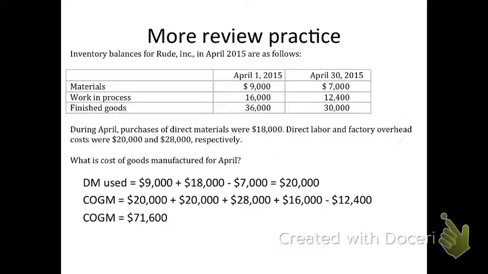Again, this is a problem that we did towards the beginning of the semester. Knowing that you have to determine direct materials used, using the direct materials used in cost of goods manufactured, which is materials, labor, and overhead, plus beginning work in process minus ending work in process gives you cost of goods manufactured. Again, most of the time we did this with T accounts, but that's up to you.